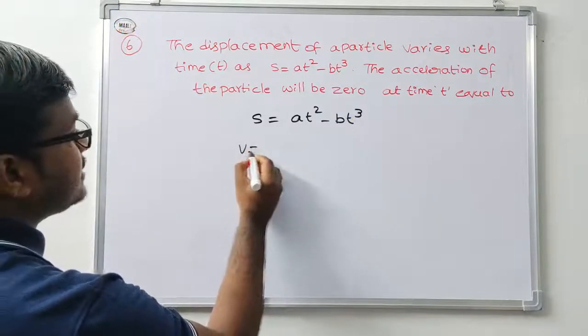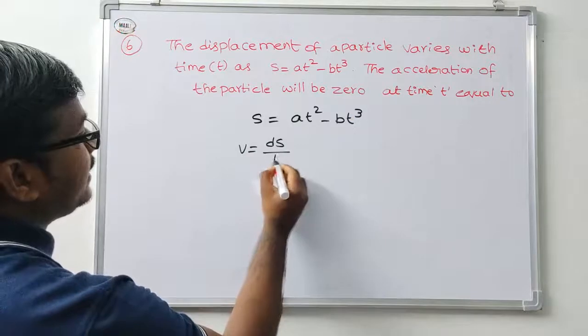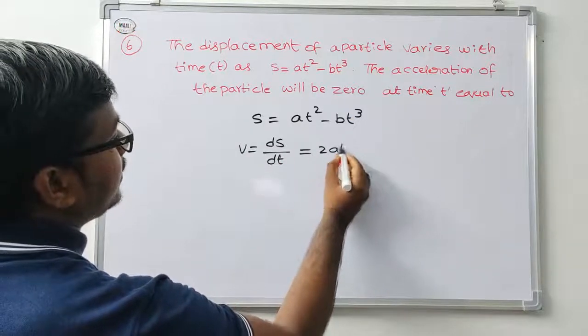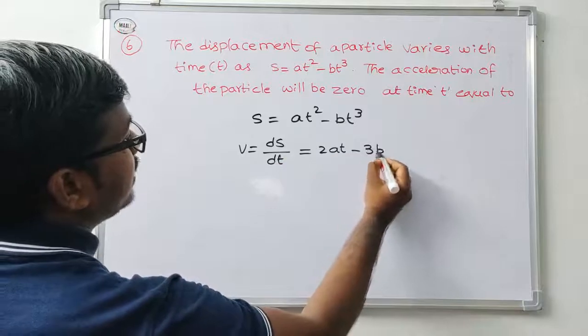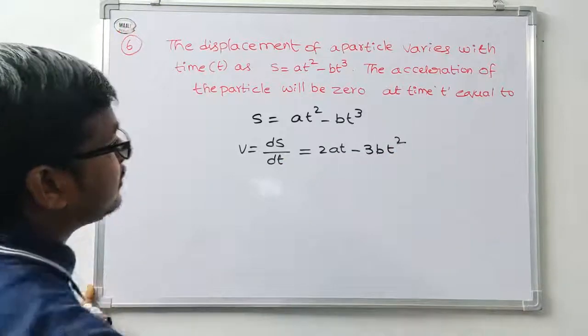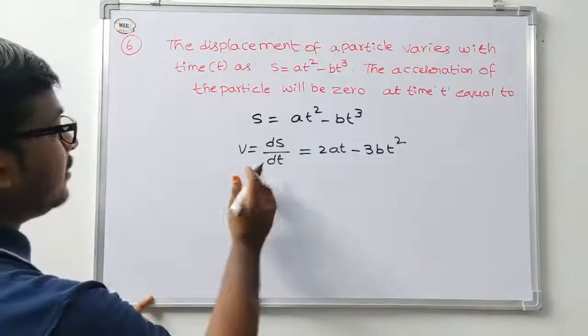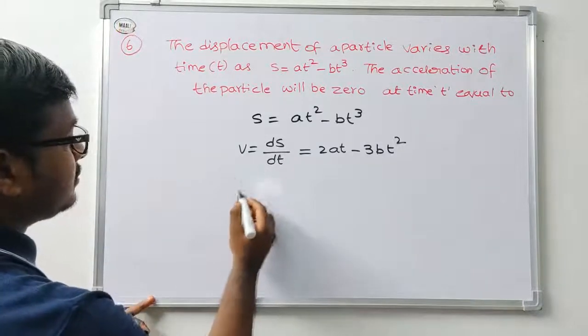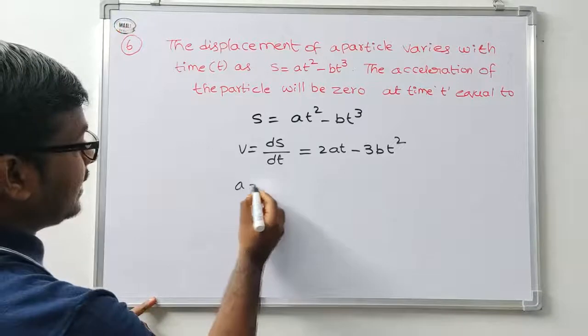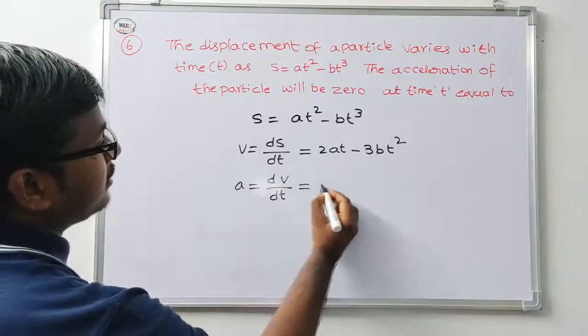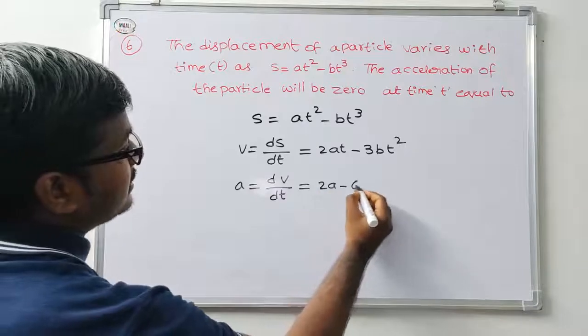The velocity is equal to ds by dt, that is equal to 2at minus 3bt square. Next, again differentiate with respect to t. Acceleration is equal to change in velocity by time taken, 2a minus 6bt.